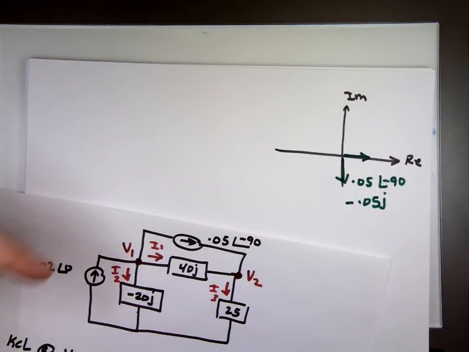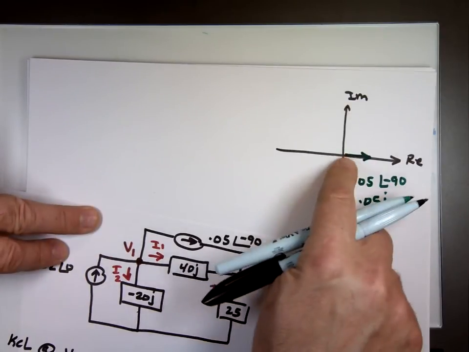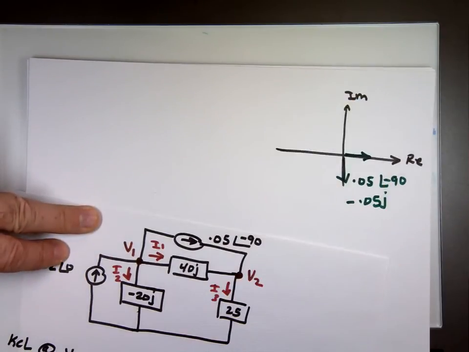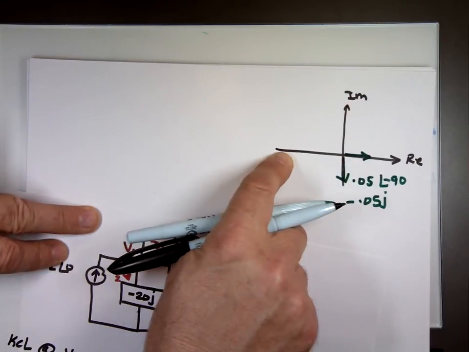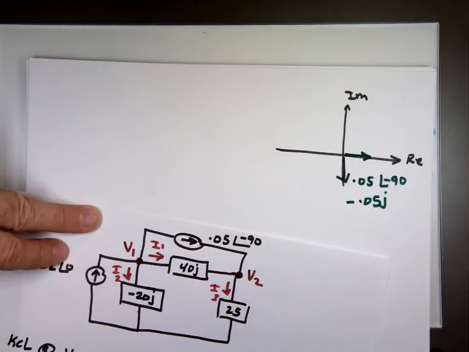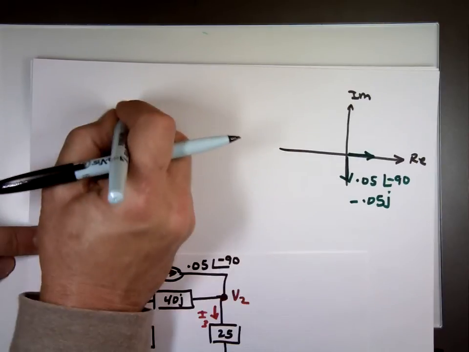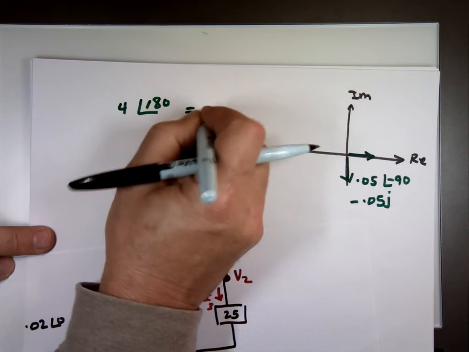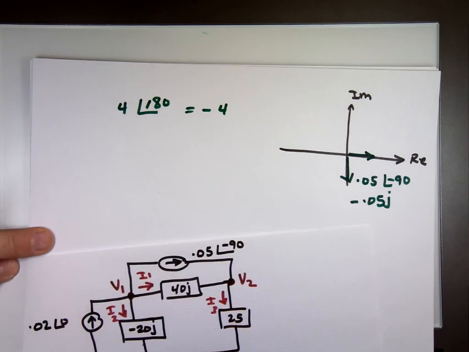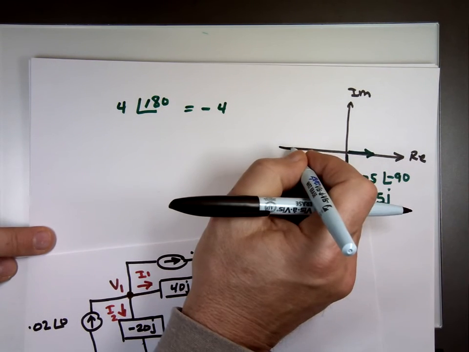So a lot of times you see me take the negative 90, make it negative j. If it's plus 90, I write that as plus j. If it's 180, that's in this direction, I just change the sign to a negative value. So if I have 4 angle 180, I go, oh, that's the same as negative 4, because that's pointing in this direction. Real value only.